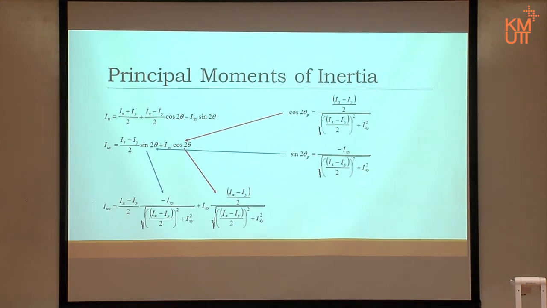Apparently, this one is nicer even, because that term and that term is the same as that term times that term, right? The same divider, that one the same with that one, the same with that one, right? Meaning the first term and the second term are the same, but the first term is negative, sorry, the second term is positive. It becomes 0 at this I max axis, at this theta p axis.